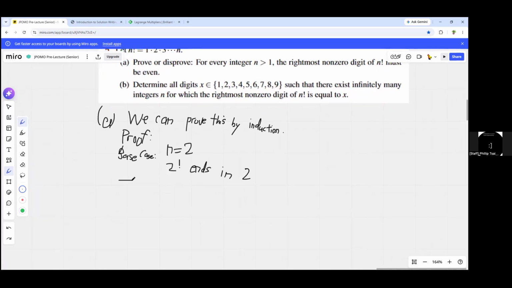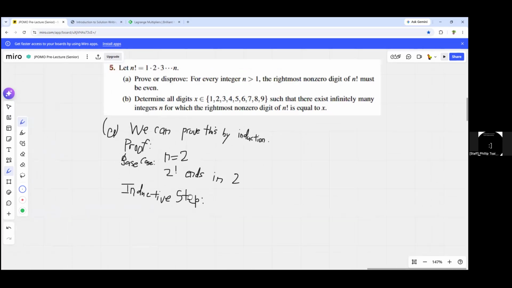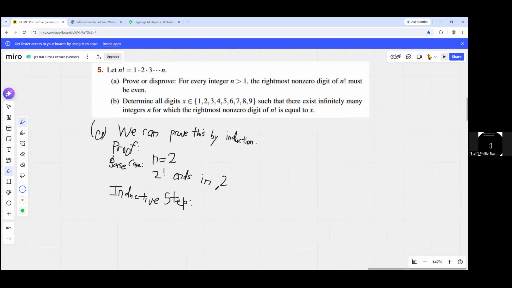And then we have the inductive step for induction. Basically, the inductive step is showing that if n satisfies the condition, then n plus one also satisfies the condition. This induction is a very useful tool for many problems, including this.